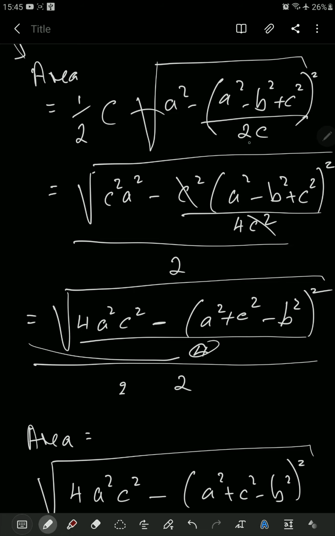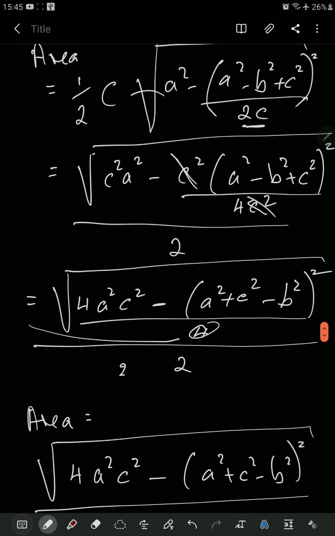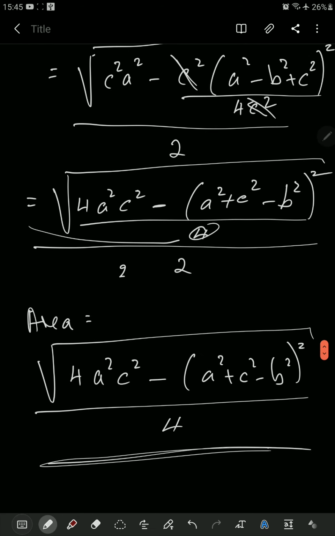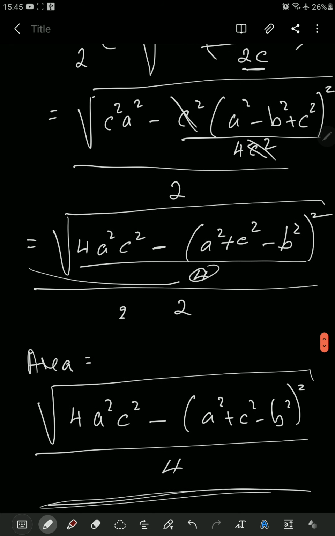Then if we bring the 2c out, we get 4c squared. The c squareds cancel out, and we divide the whole thing by 2. So now, if we turn the 4 into a common denominator for this stuff inside the square root, we end up with 4a squared c squared minus (a squared plus c squared minus b squared) squared, all divided by 4.